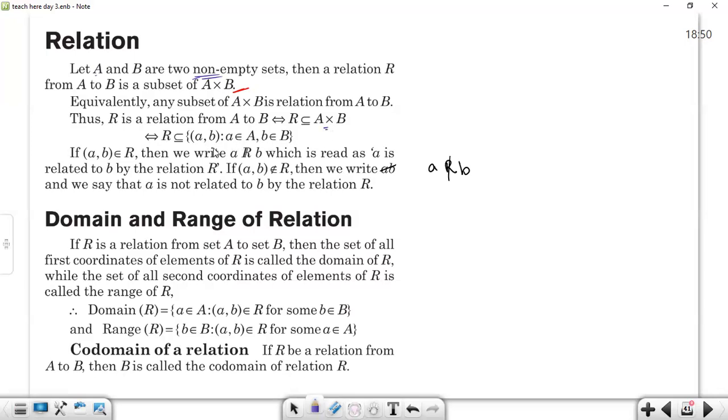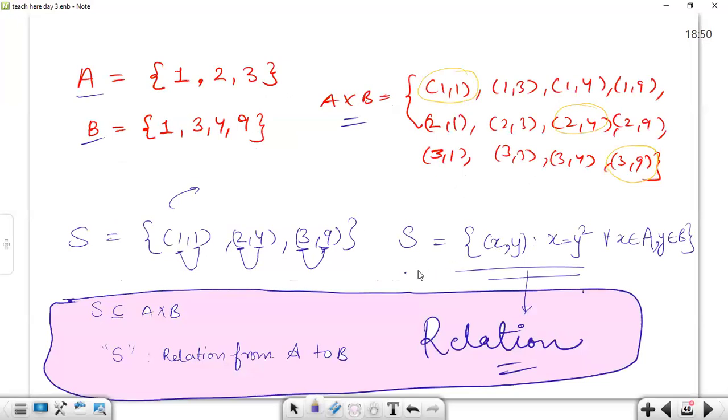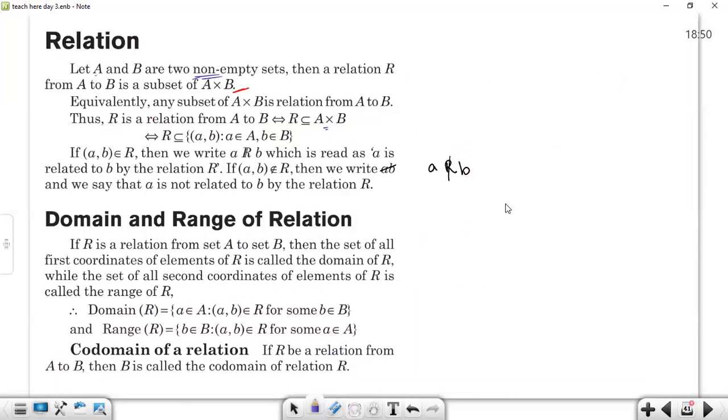The Cartesian product can further be written like this. Do you agree? Where a can be any element from set A and b can be any element from set B. What is different here is that we have put a relation. That's why this has become a relation, but not a Cartesian product. Are you able to spot the difference?